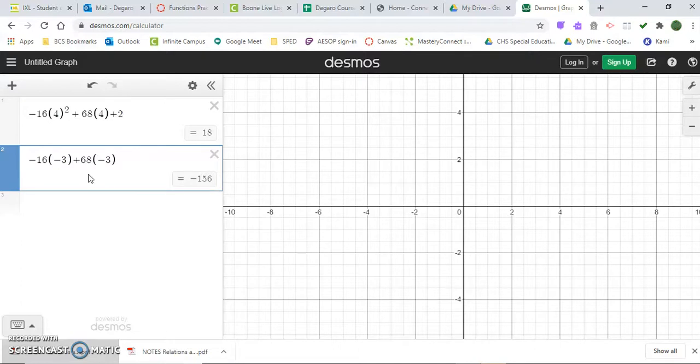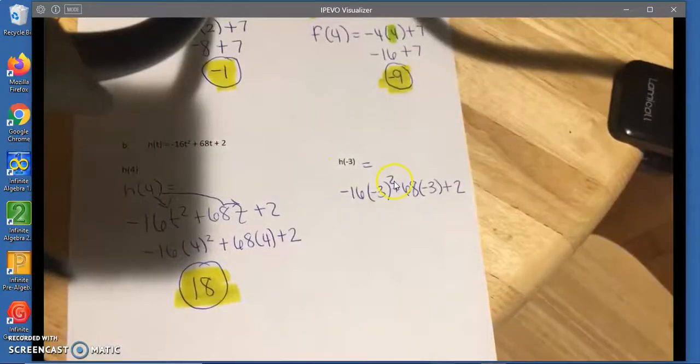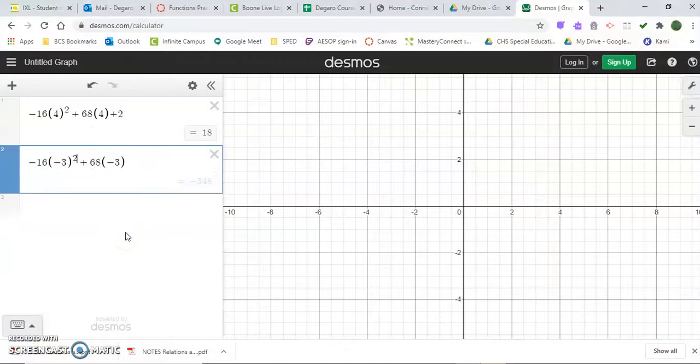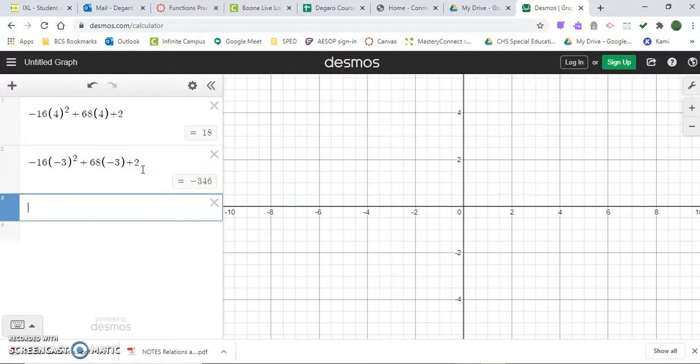Oh, I forgot a squared. And this might happen to you too. I forgot the squared up there, so I'm going to have to go back and change that. So it's -3 squared. And then plus 2. Our answer is -346.